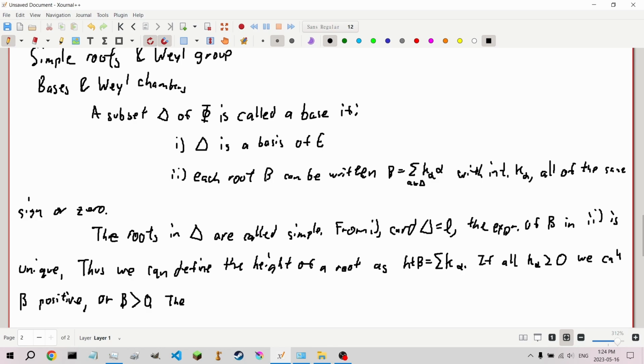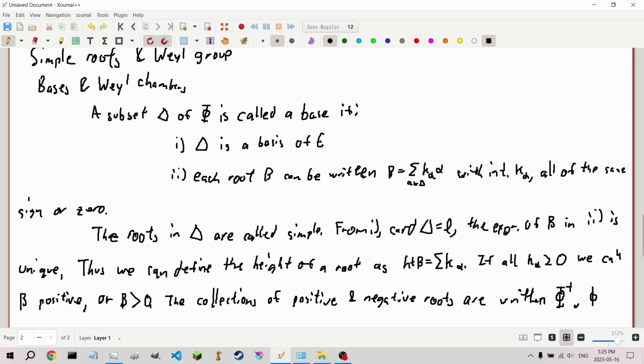The collections of positive and negative roots are written as phi positive and phi negative.